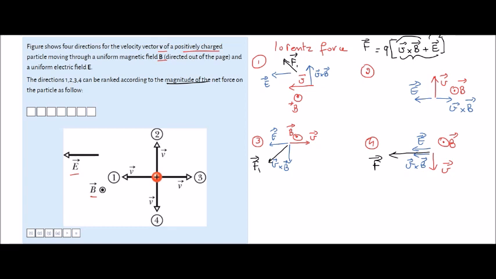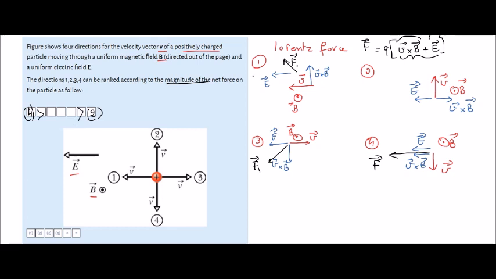The highest magnitude is when these two vectors are in the same direction. That's the greatest magnitude. Where is the lowest magnitude? The lowest magnitude is when the two vectors are opposite to each other. So you need to subtract them actually. So that's the lowest one.